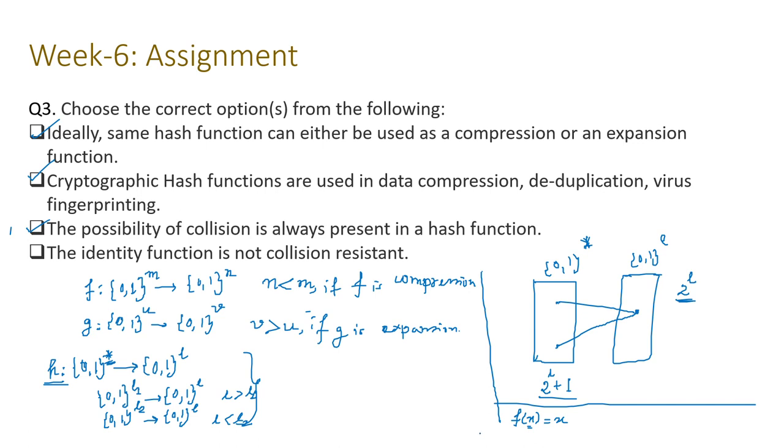Anyone? Is the identity function collision resistant or not? This is the function f of x equal to x. Can you find two such x1 and x2 such that x1 is not equal to x2 but f of x1 is equal to f of x2? Is it possible for the identity function?